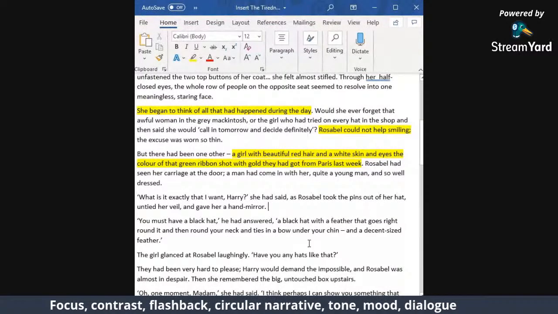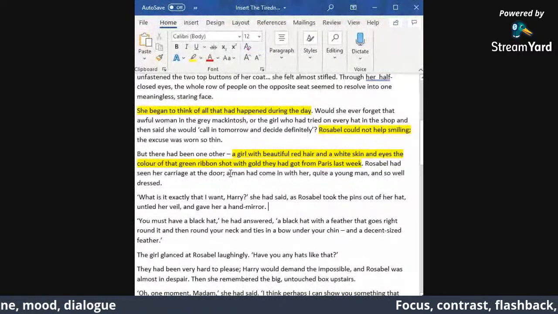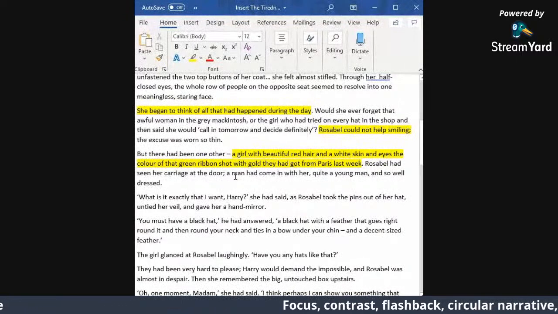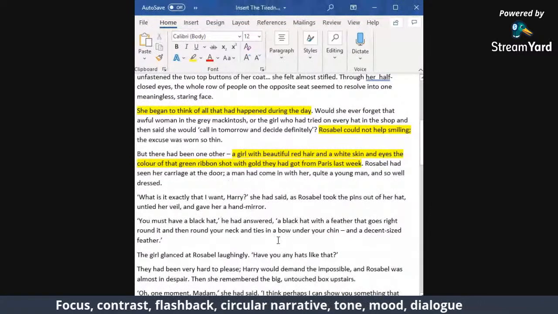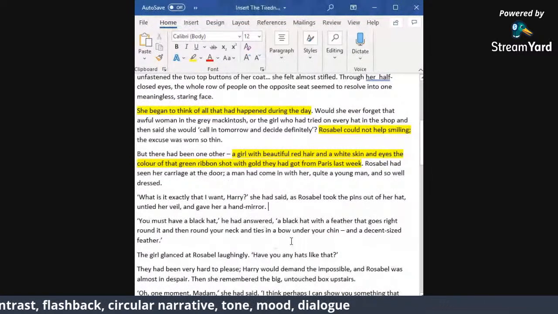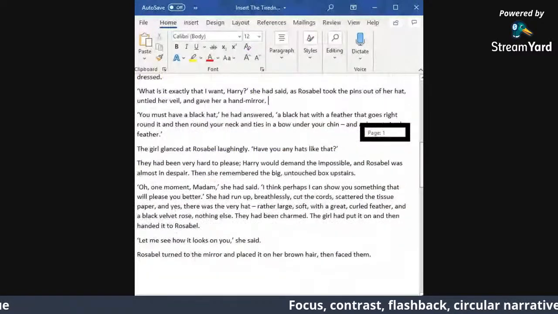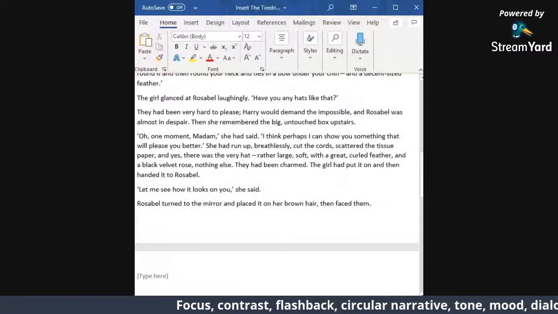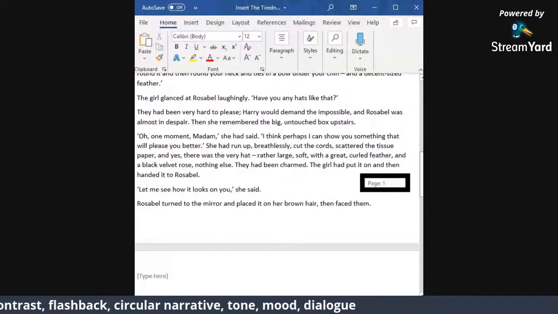So the point about all of these extracts is the more information we get, the greater the change of mood is identified. But structural features come in abundance throughout, and we get different moments throughout the extract which give us ideas about how Rosabelle feels.